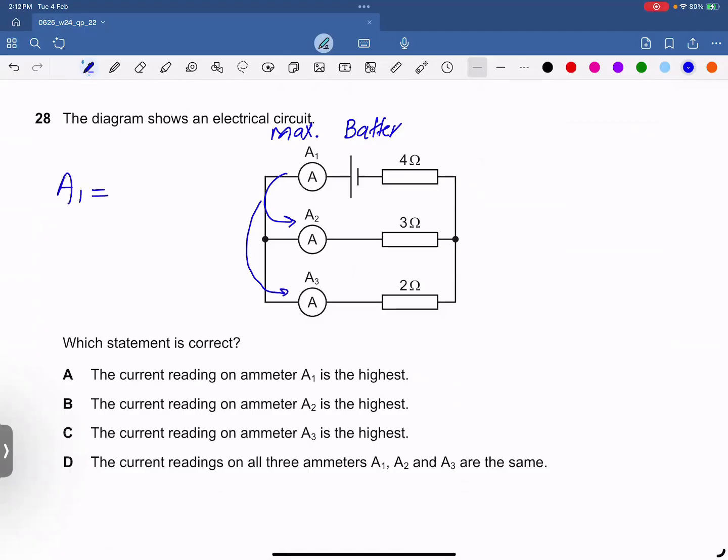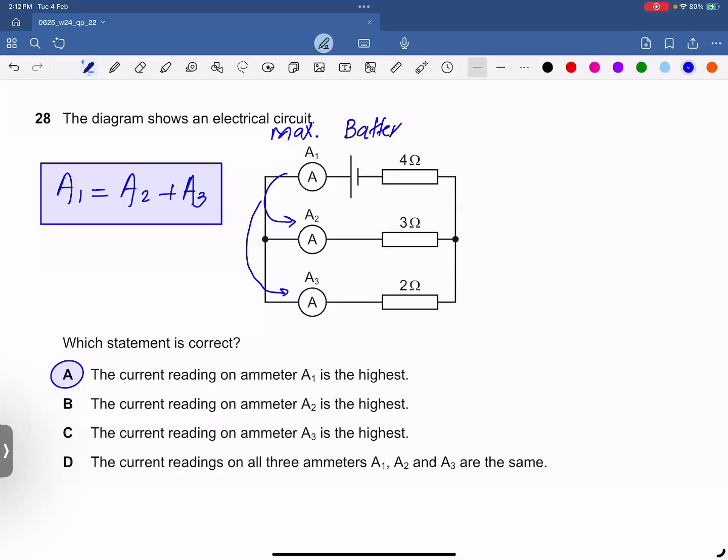So A1 is equal to A2 plus A3. Current is distributed in parallel. So current reading on ammeter A is highest. Yes, it is the highest. We don't have to read the others because this is the maximum current. Okay, so please ignore the resistors in this case, no matter which resistance is more or less.